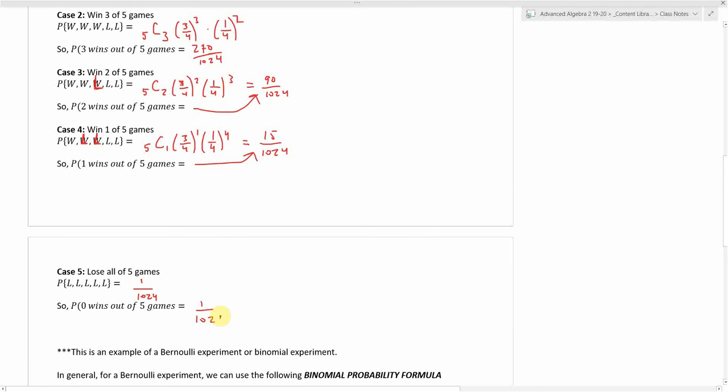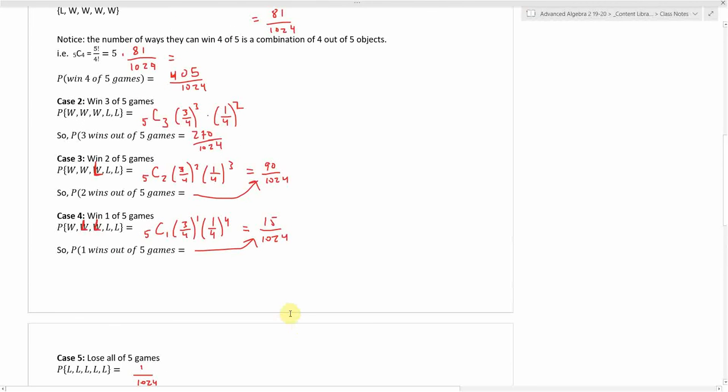And just as an aside, you'll notice if they play 5 games, they have to win either 0, 1, 2, 3, 4, or 5 games. If we take the probability of winning 5 games and add the probability of winning 4 games and add the probability of winning 3 games and so forth, we know that these would have to add up to 1. They have to do one of these things.